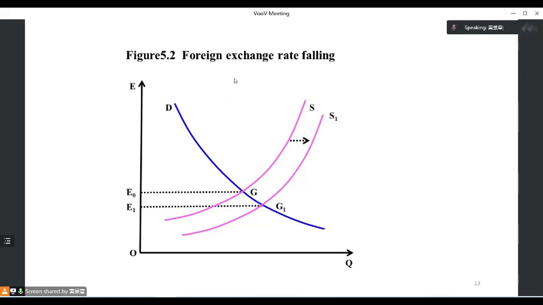And when the foreign exchange rate is falling, it means the domestic currency is appreciating.